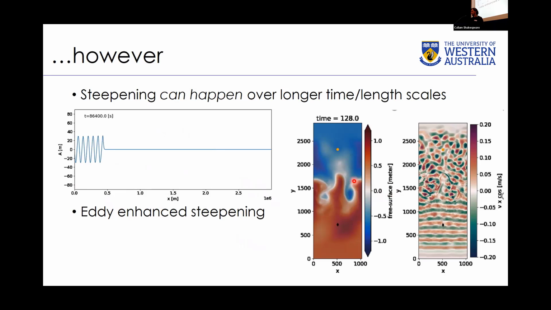And there is some evidence of this steepening in these hydrostatic 3D simulations, where you see these sharpened fronts occurring in the wave field. So there's potentially local scale opportunity for these types of features to form in those eddy fields.